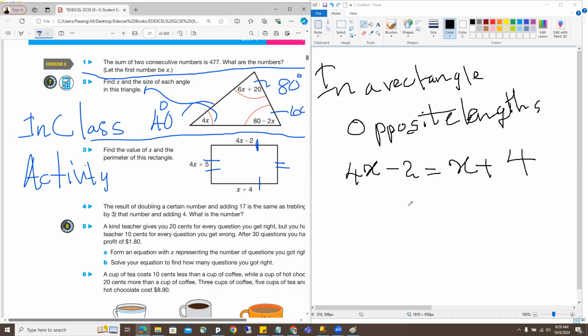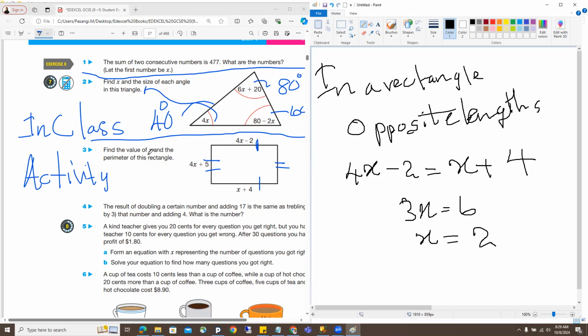Miss, what to do after we get the answer for those two? So x is equal to what? x equals 2, because you got 3x is equal to 6, then x was equal to 2.